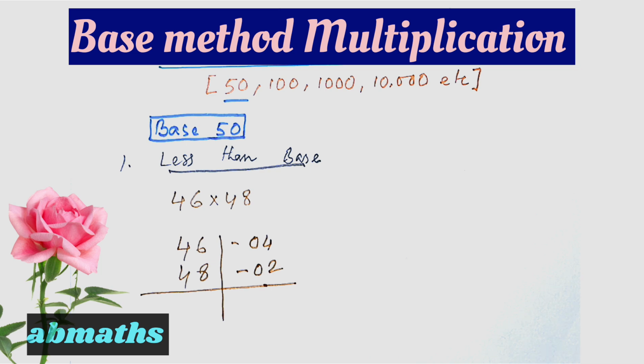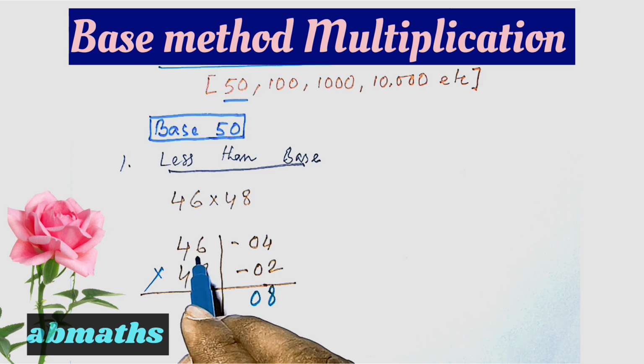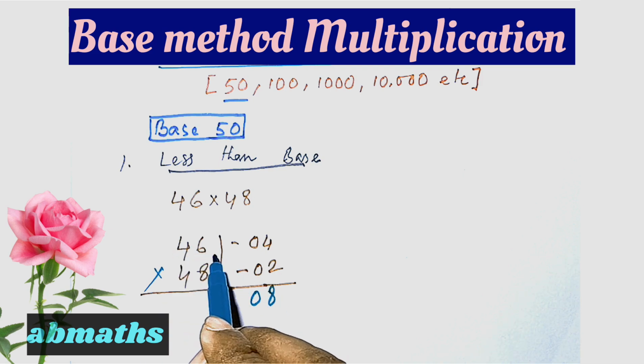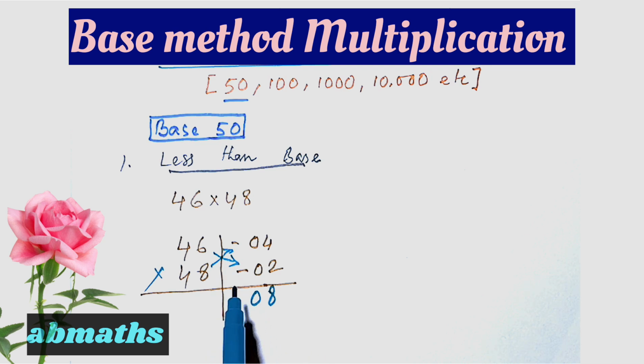Now we are going to multiply this. That means 4 into 2 is 8. We'll write 0 here, and we'll see the difference in a cross way, in this way or in this way. We can see 46 minus 2 is 44, or 48 minus 4 is 44.